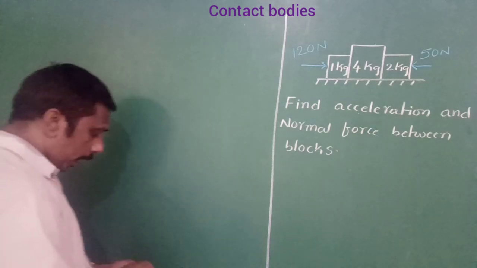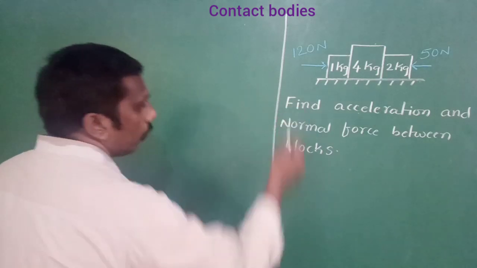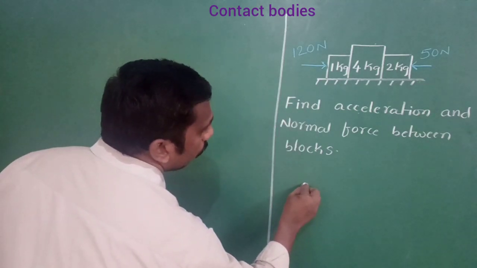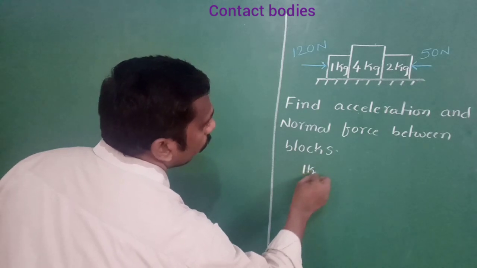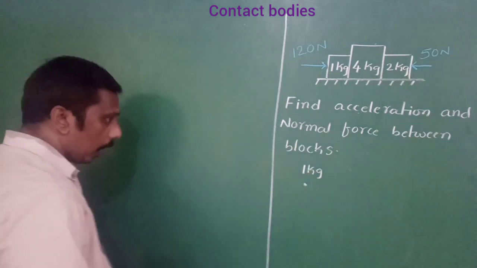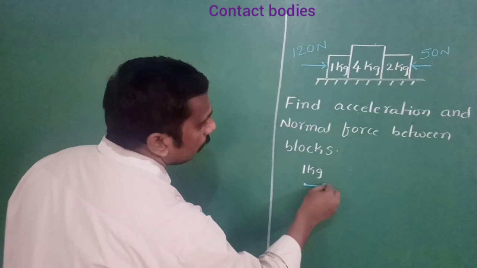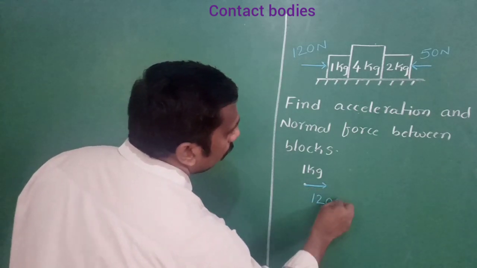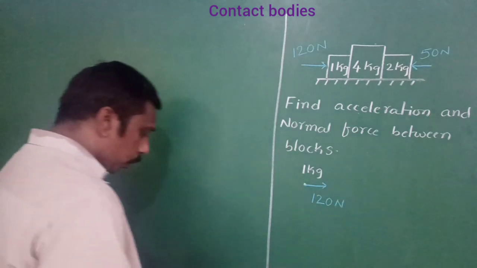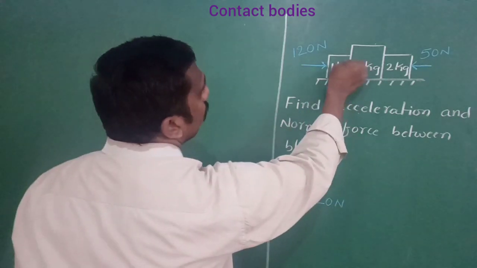Draw the free body diagram for the 1 kg block. On the 1 kg block, the applied force is acting in this direction, 120 Newton, and the reaction force by the 4 kg block is acting towards the left.